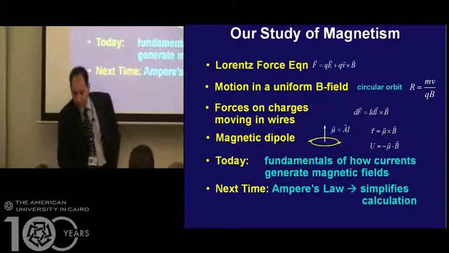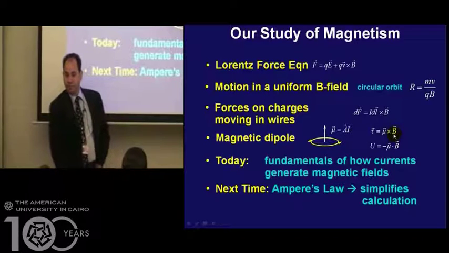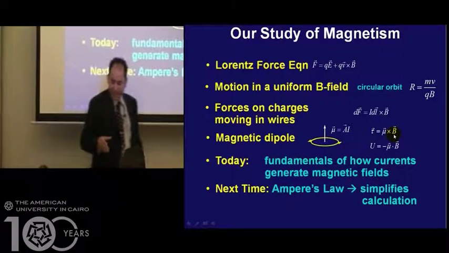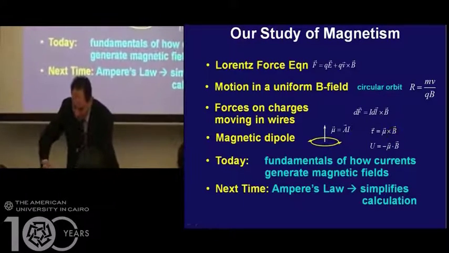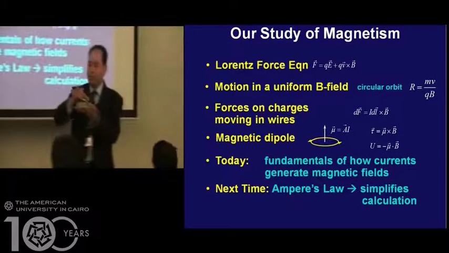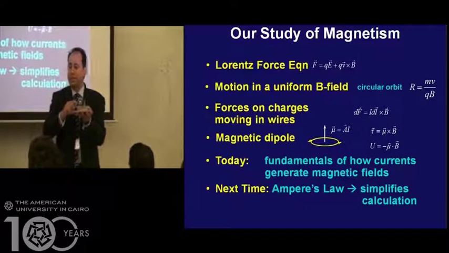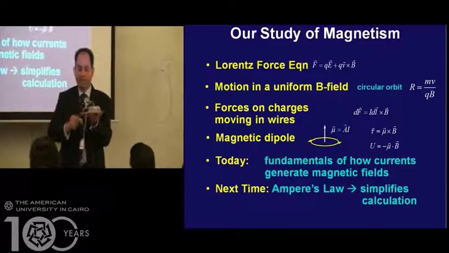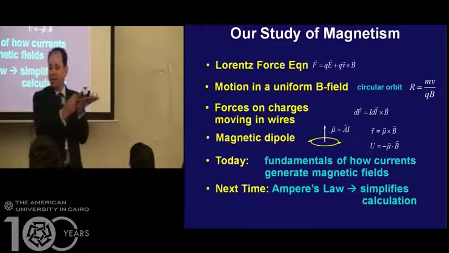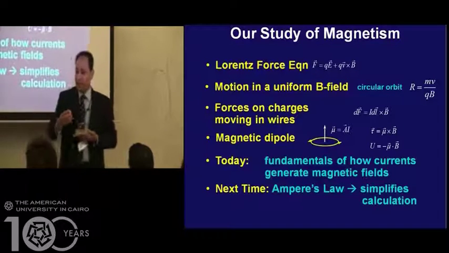Then, if you put that loop inside the magnetic field, it will rotate. This is simply that demonstration. What we have here is a loop that has so many turns, and I'm going to put this inside the magnetic field, that's the magnet, and I will put a current in that loop. Let's look at what happens in that case.